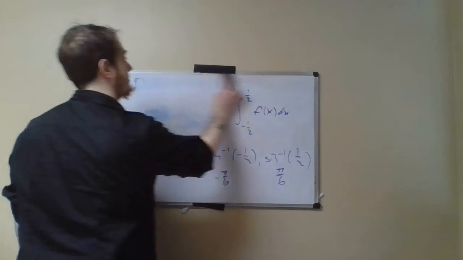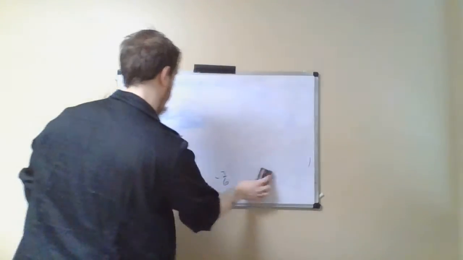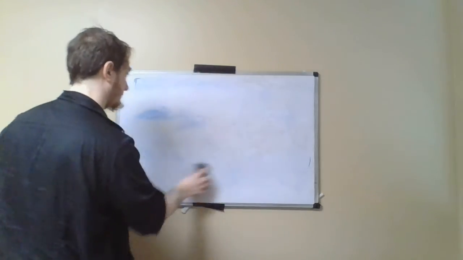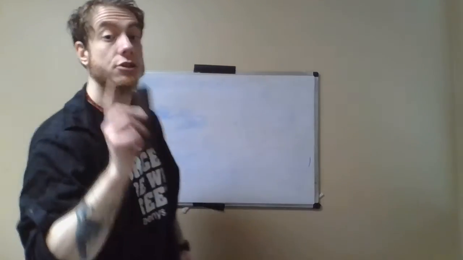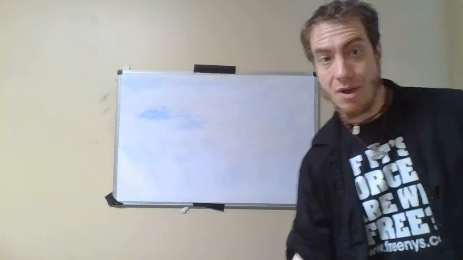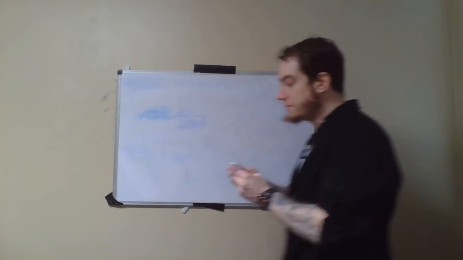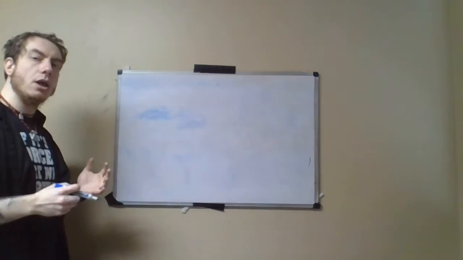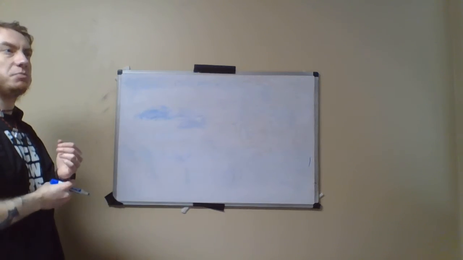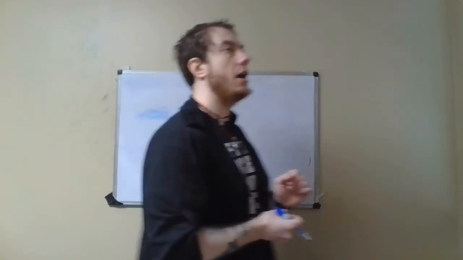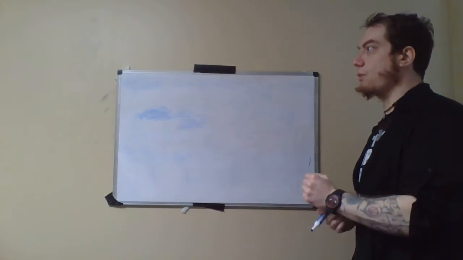One more thing I want to mention with these kinds of substitutions. What if I had an integral, but it didn't explicitly look like one of the formats that we had?